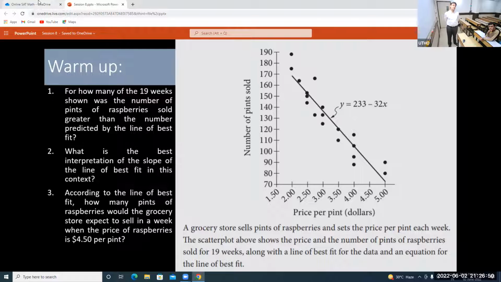How many pints can he expect to sell in a week when the price of raspberries is $4.5 per pint, as per the line of best fit?